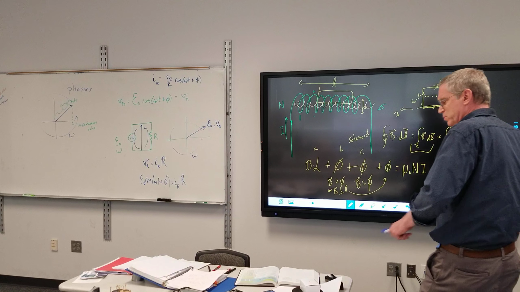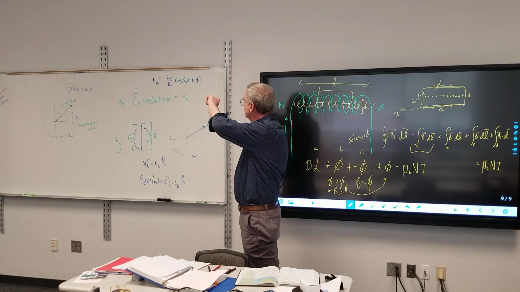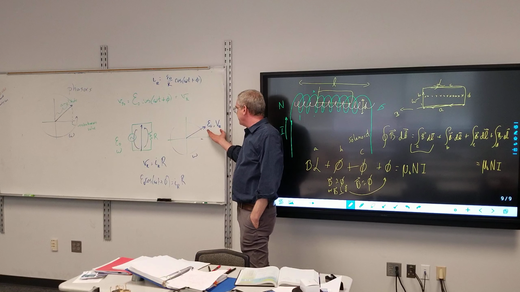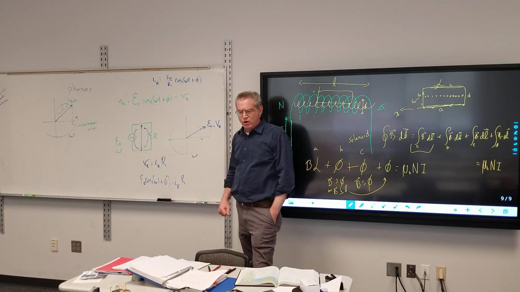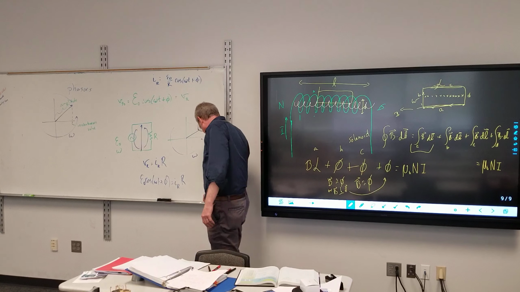So when expressed in terms of cosine, it's completely in phase with these two phasors. So I would draw my current phasor right over top of that.